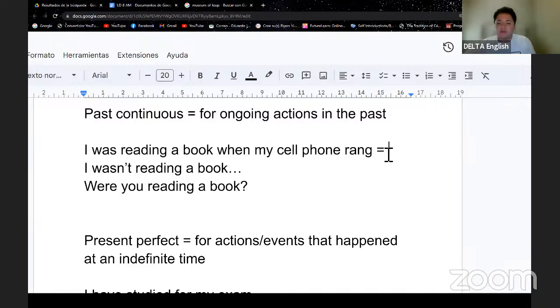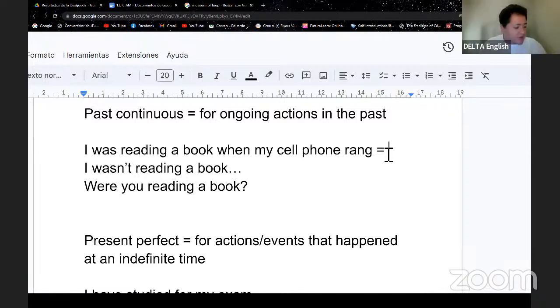How would that be? How can I write this sentence in passive voice? The first book part. The book was read.